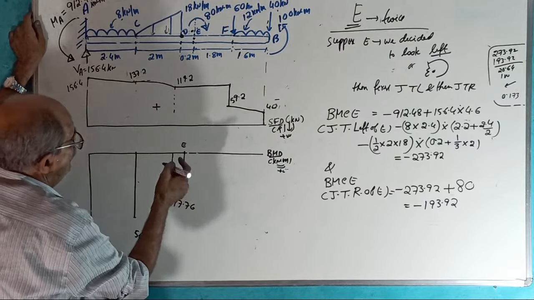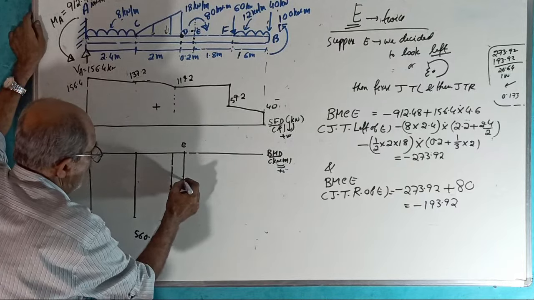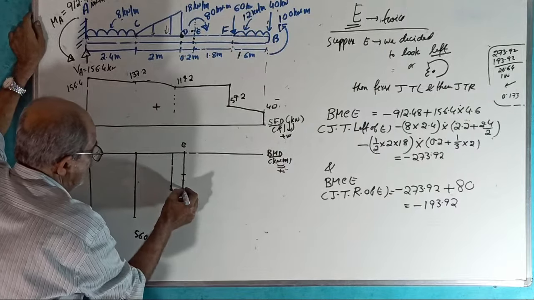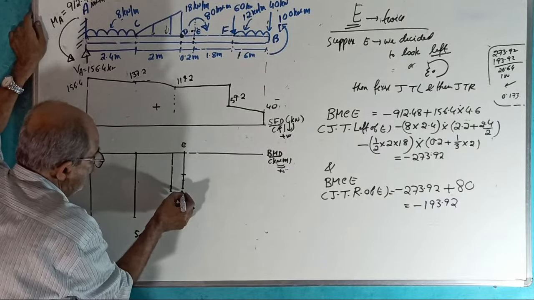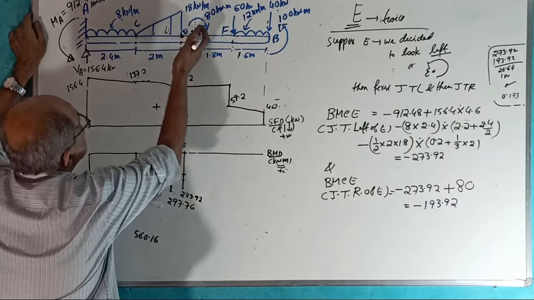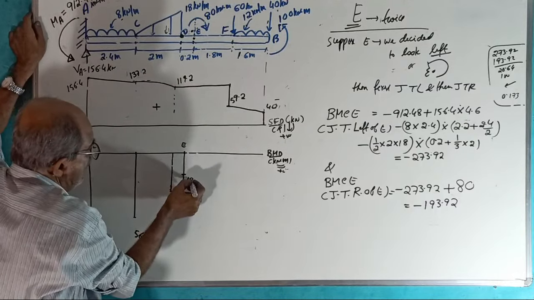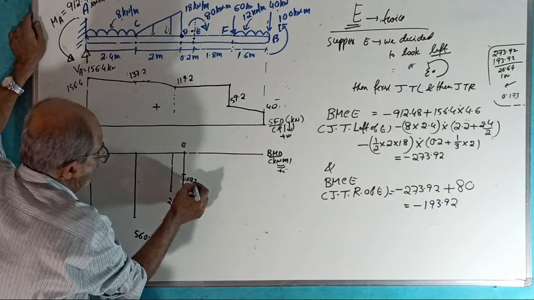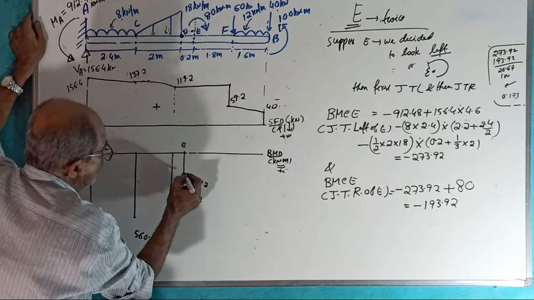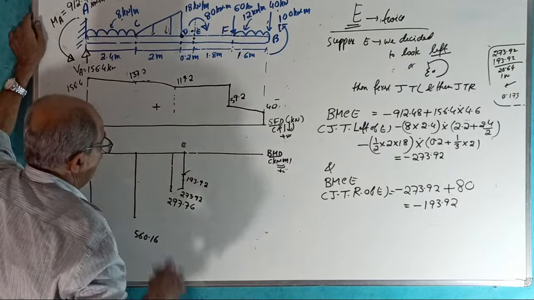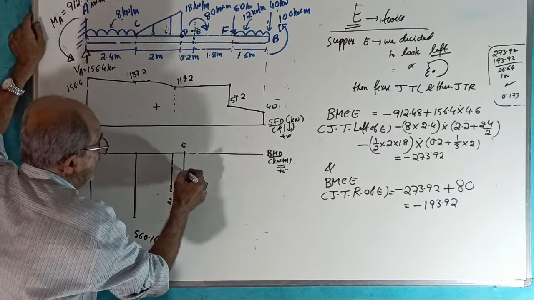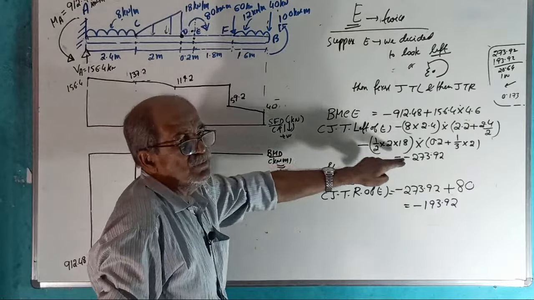Other value is 273.92. 273.92 and 193, slightly more is okay. 273.92 is the BM just to left of E and 193.92 is the BM just to right of E. So this should go here, this should go here. Later, this should come this side, just to right should go that side. Hope it is fully clear.